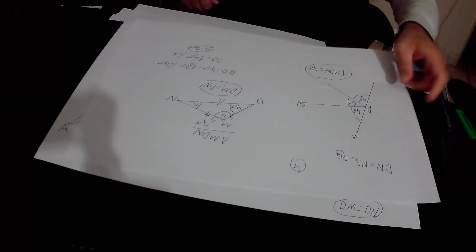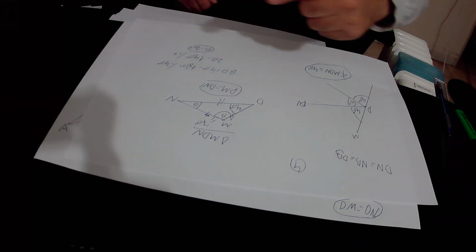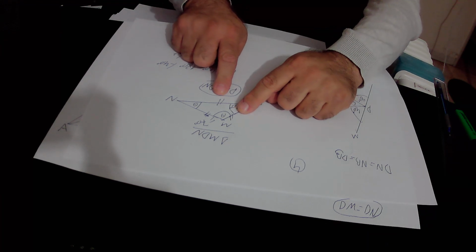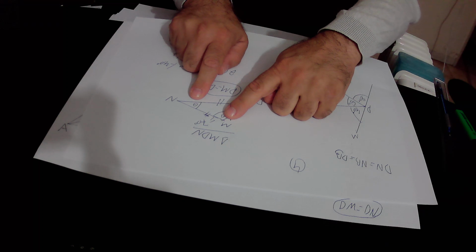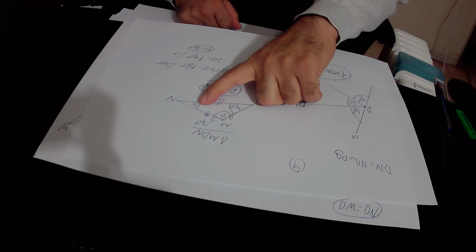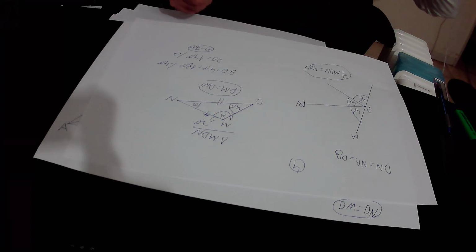Here, side DM equals side DN. Again, we have the same rule that in front of those two equal sides, we have two equal angles. So if this angle is theta, then the other angle is also theta, and inside triangle DMN, the sum of the angles must be equal to 180 degrees.